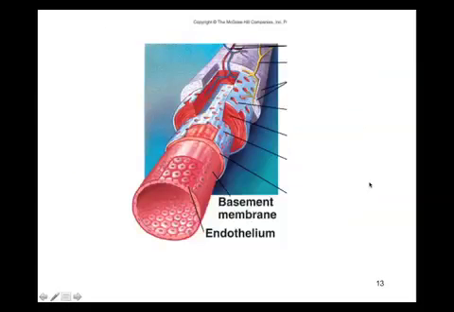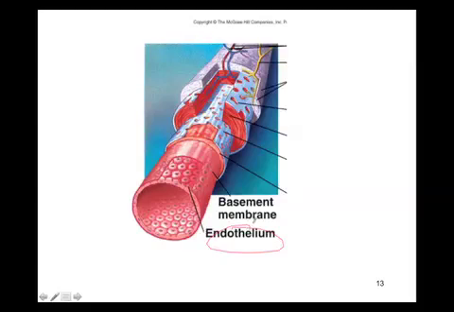If we look at blood vessels as a tube, the layer of tissue that lines blood vessels, that forms the simple squamous epithelium that the blood comes in contact with, is called an endothelium. It is also a serosal membrane.